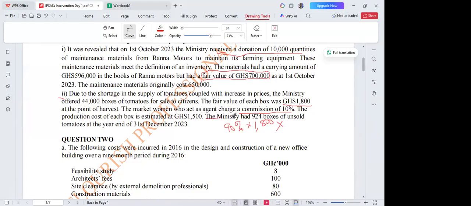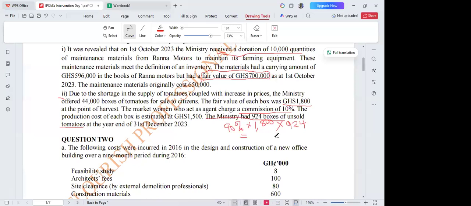It says that the ministry had 924 boxes of unsold tomatoes. So we multiply by 924. So what will be our answer for this? It's going to be 90% times 1,800 times 924.